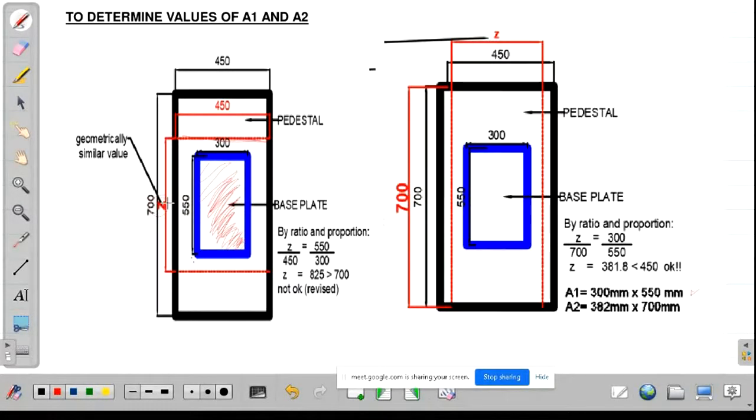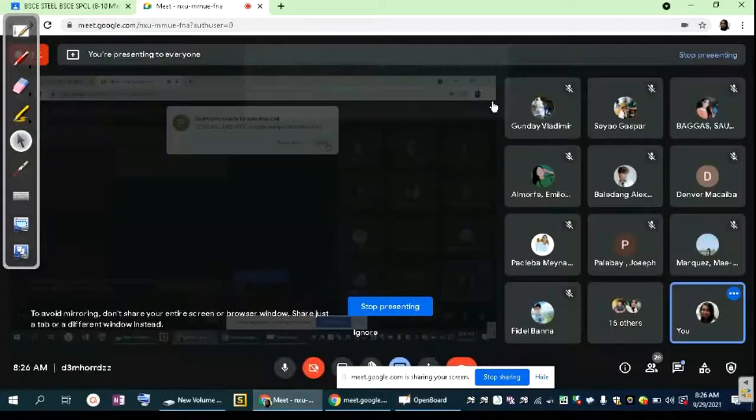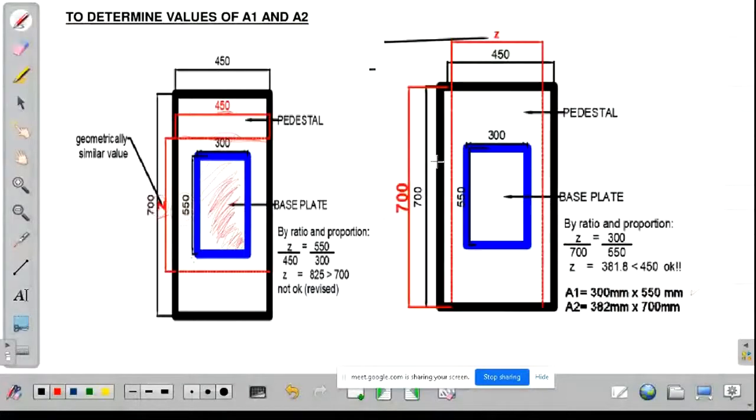So, dinenote ko yan as Z. And then, by ratio and proportion, that is Z over 450 is equal to 550 over 300. So, pag denote yan, ang value ng Z natin is equal to 825.